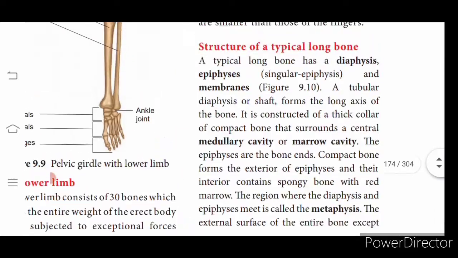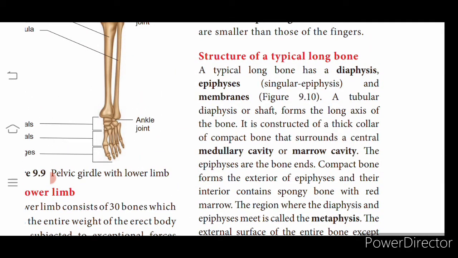Then, structure of a typical long bone. It tells you how the bone is arranged, and what its composition and functions are. It has the diaphysis, epiphysis and the membrane. A tubular diaphysis, or shaft, forms the long axis of the bone.